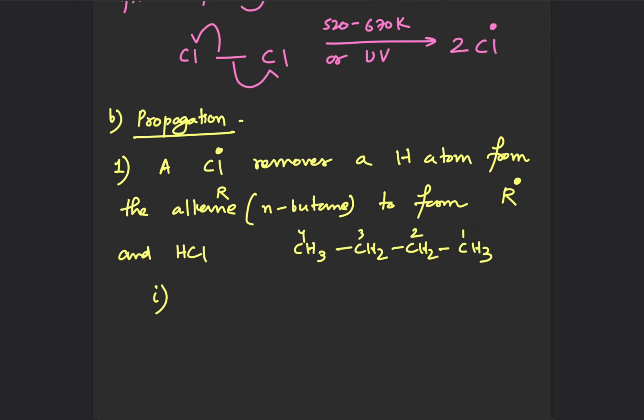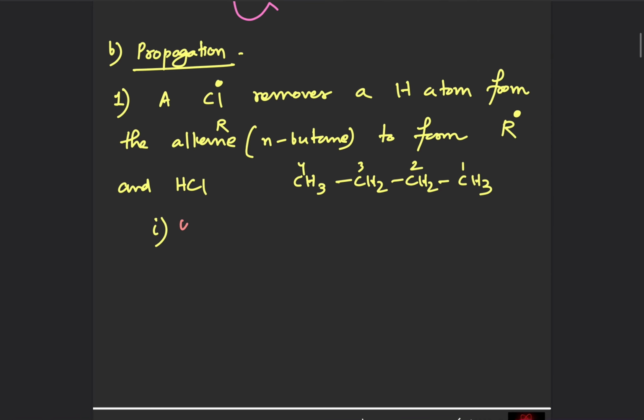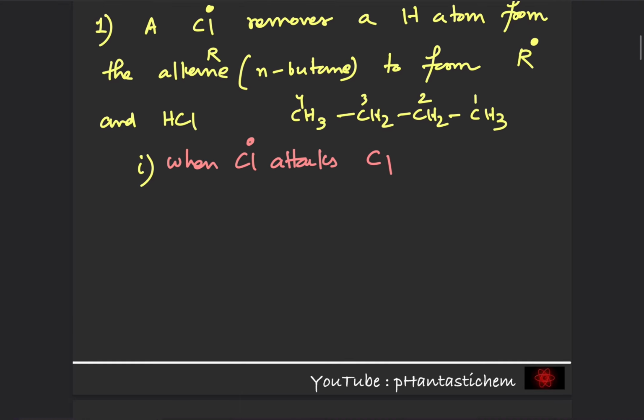When the Cl radical attacks C1, I can write n-butane as CH3, CH2, CH2, CH2, H, separating the hydrogen.